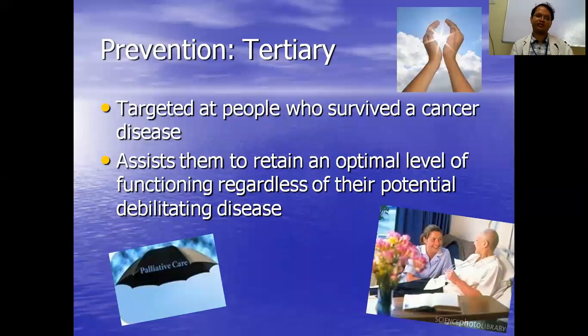The tertiary prevention is targeted on patients who already survived a cancer disease, and this tertiary prevention assists them to retain an optimal level of functioning regardless of that potentially debilitating disease.